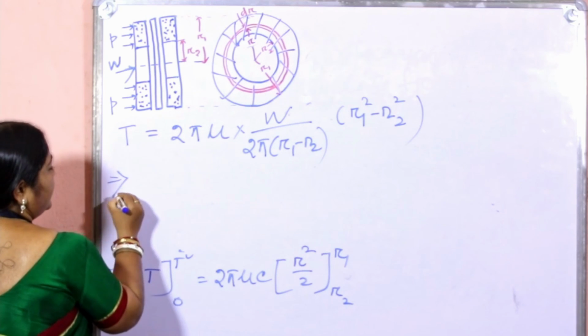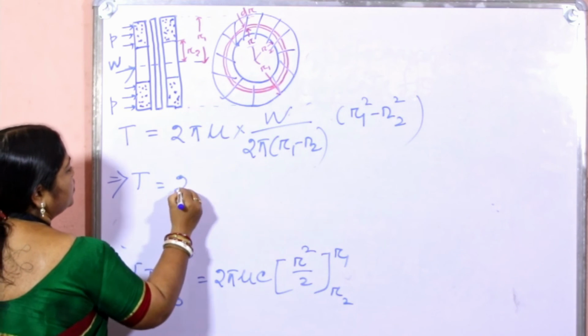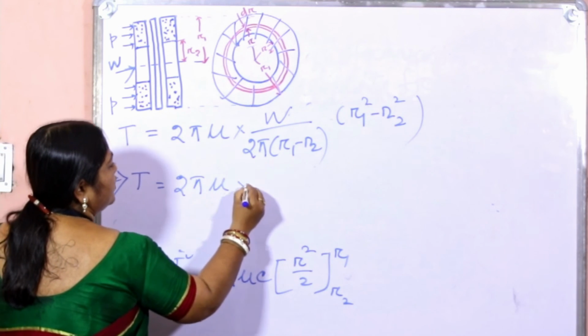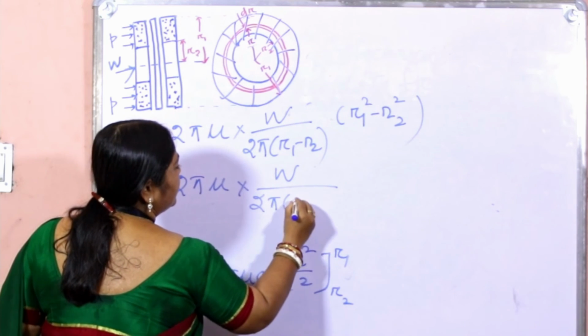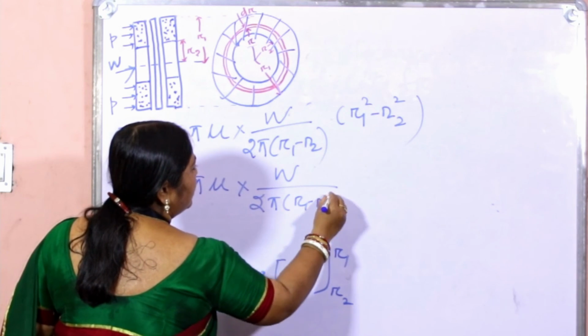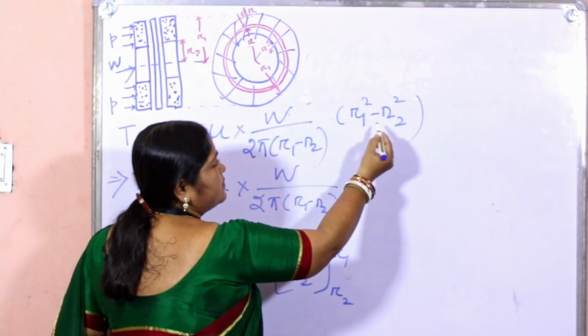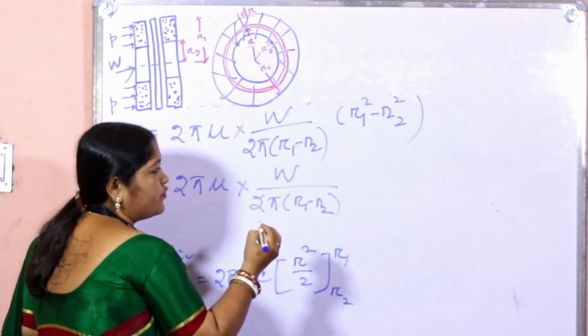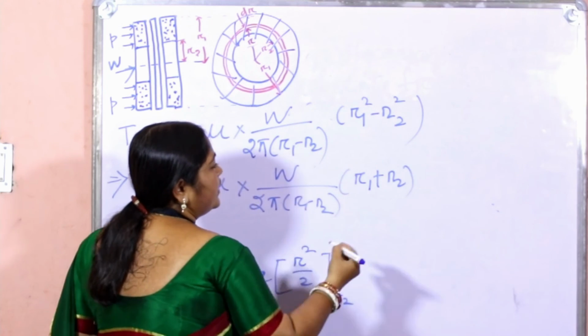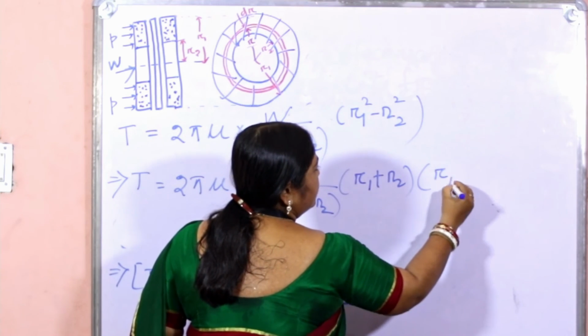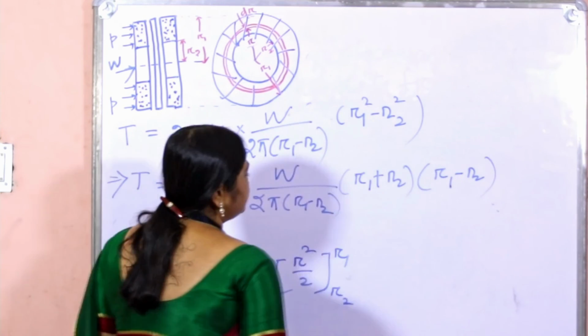Then it implies that T is equal to 2 pi mu into W divided by 2 pi into R1 minus R2. Here we have a square minus b square, whose formula is a plus b into a minus b, that is R1 plus R2 into R1 minus R2.